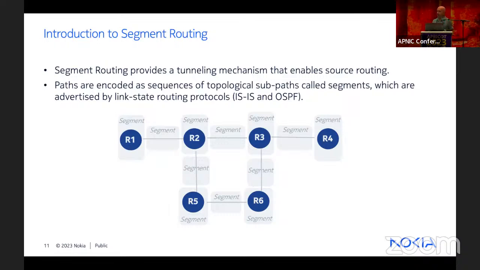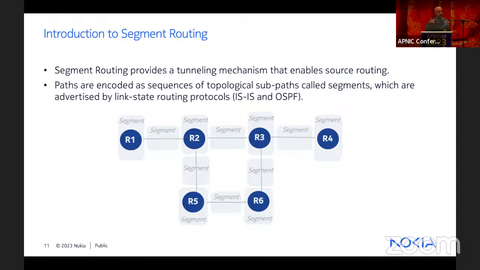The way we tell the network what path to take is by encoding that path information as segments. There are really two key segments that are important. There are many others, but I'm trying to abstract this here. From a topological perspective, it's nodes, which nodes we traverse, and which links we traverse.